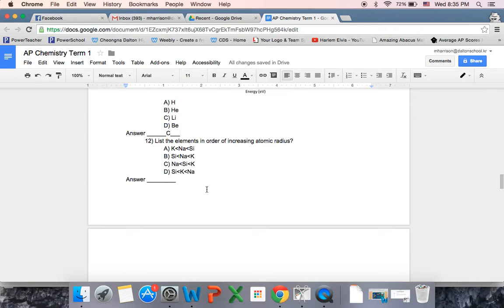So to do this, we can very quickly look at which is going to be the largest, which is furthest down. Potassium's the furthest down, sodium's above it, and silicon is in the same period as sodium, but far to the right. So that means that we're looking for answer B.